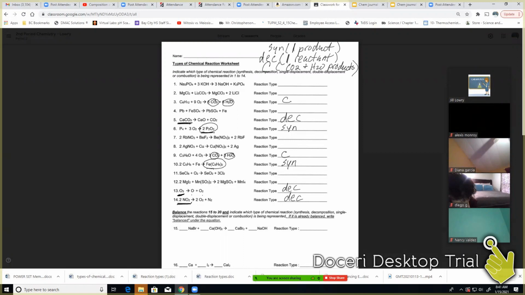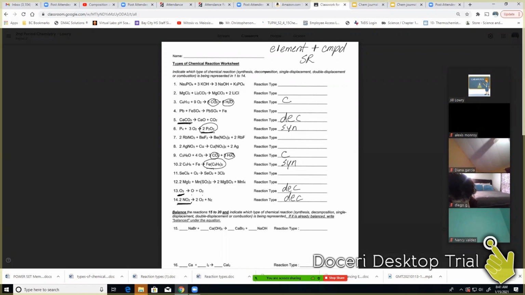All right. So what we have left are single replacements and double replacements. Those sometimes are a little bit harder to pick out. We'll start with a single replacement. A single replacement has an element plus a compound.